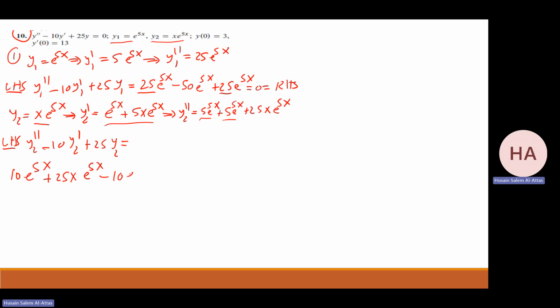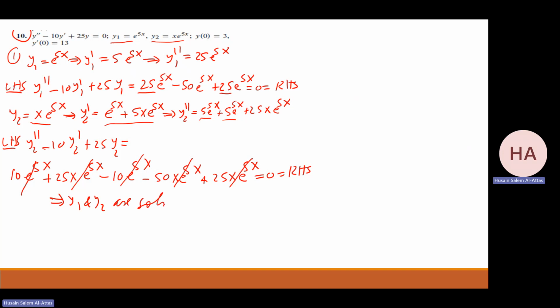So I have minus 10 e to the power 5x minus 50x e to the power 5x. Then plus 25 times this one, plus 25x e to the power 5x. This with this cancelled and this cancelled. So I have 0, which is the right-hand side. So that means y1 and y2 are solutions for this equation.